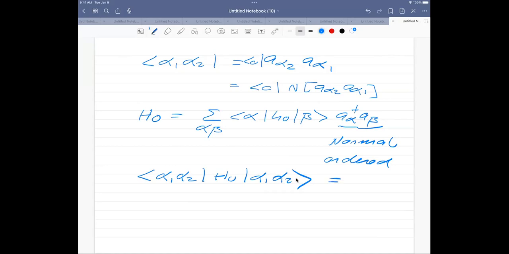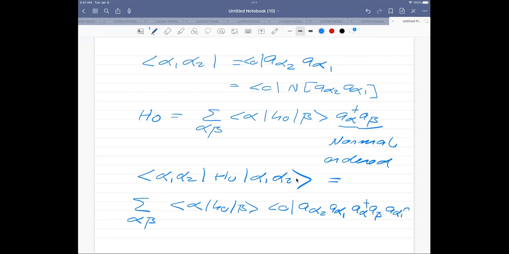Now, the way this looks like is as a sum over alpha, beta. We have the integral alpha H0 of beta, and then we need to evaluate this quantity here, which is A alpha 2, A alpha 1, A alpha dagger, A beta, and then A alpha 1 dagger, A alpha 2 dagger, and then it's multiplied with the vacuum. So the only thing we need to think of now is actually the vacuum to vacuum expectation value.